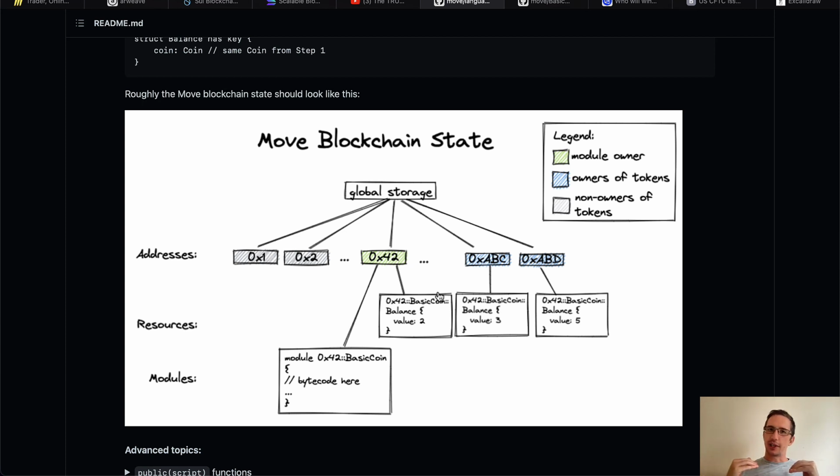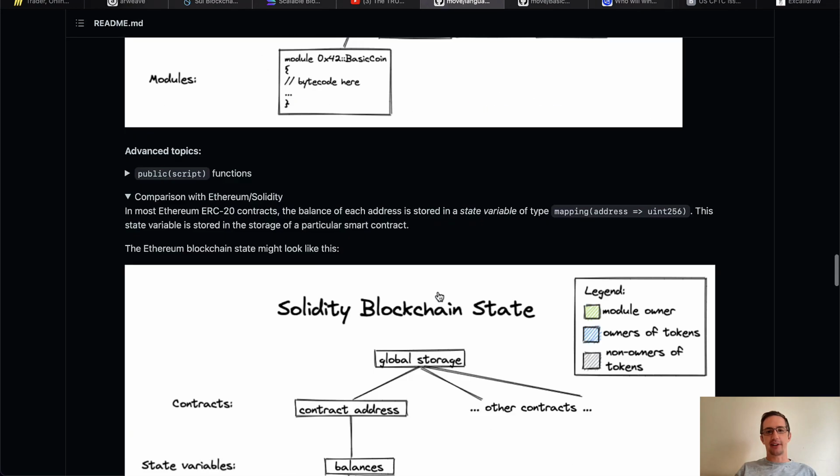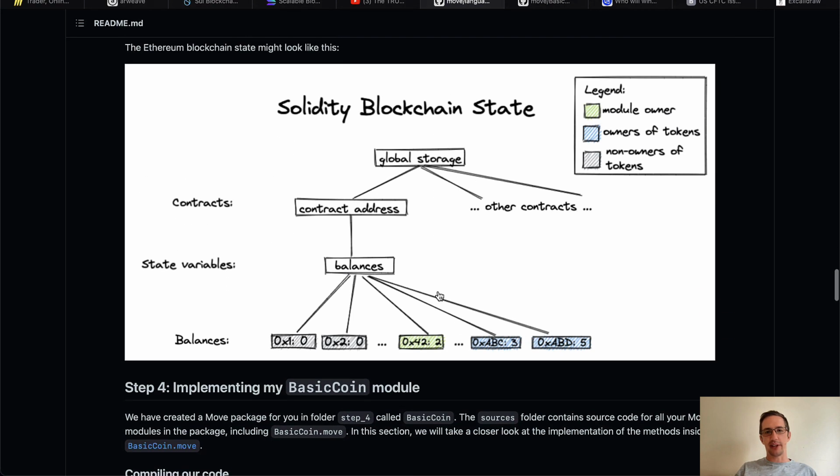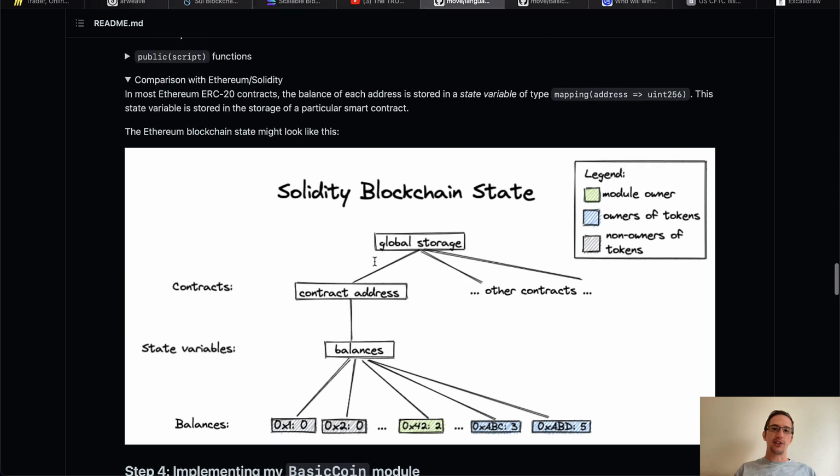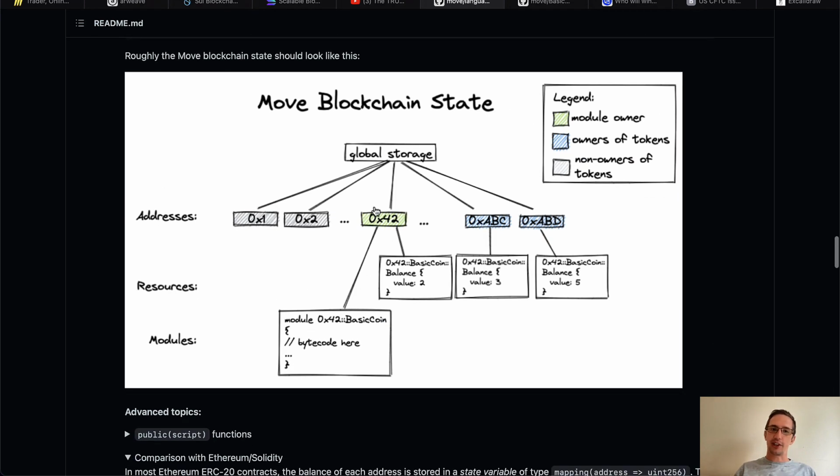You don't want to do it like Ethereum, where you have one smart contract and everything's in that smart contract. That's what it looks like, right? Here's your Ethereum blockchain structure. What's much more scalable, but also offers advantages, is to have this kind of structure. And when you look at Sui's communication and marketing, they're talking much more about gaming and finance.